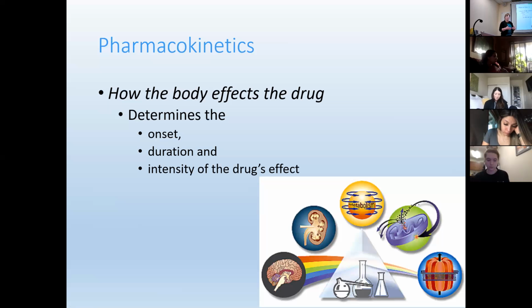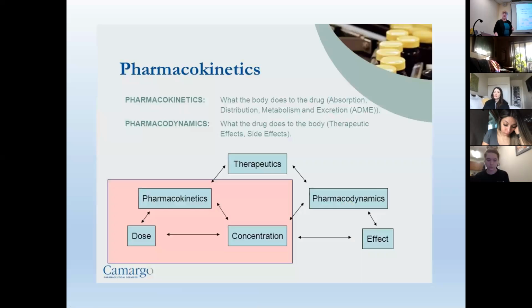Now, there may be commonalities, and we use those to the best that we can, but it's important for us to understand what is the body going to do that will affect this drug. So pharmacodynamics, what the drug does to the body; pharmacokinetics, what the body is going to do to the drug. I just say it here, I say it a lot.